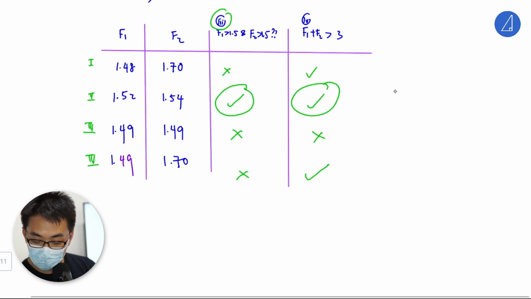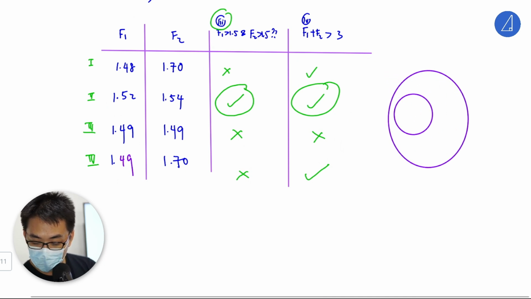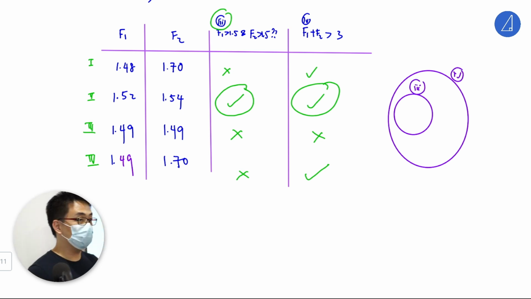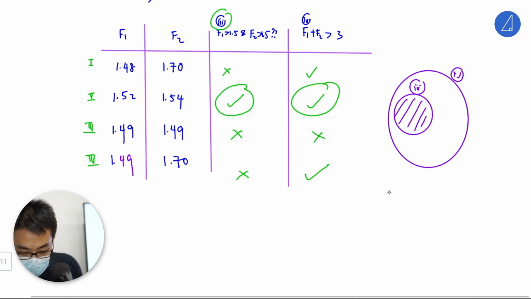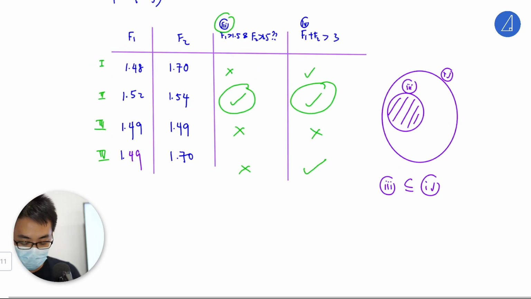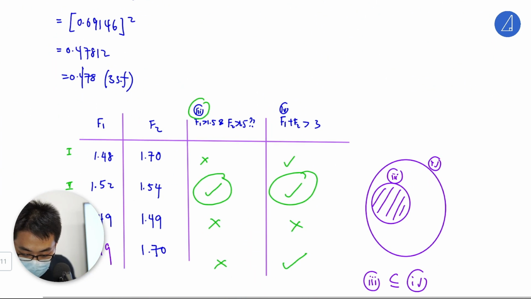Essentially, if you look at the Venn diagram, case number 3 is actually a subset of case number 4. Then 3 is just a special case of 4. Am I using the right parts? No, I'm not.